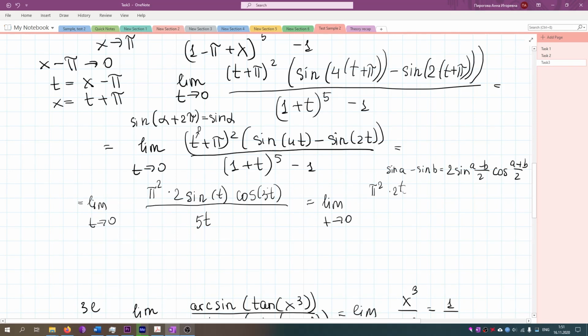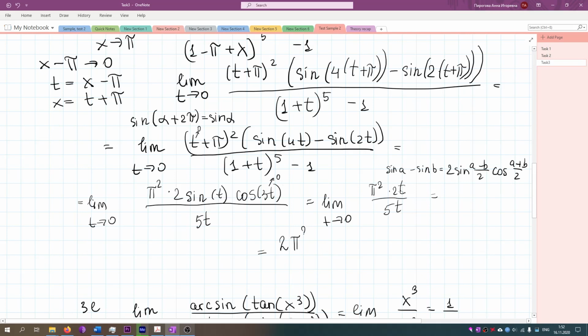And if t is close to 0, then the argument of cosine is close to 0, and the cosine is close to 1. And 5t in the bottom. So the final answer is 2 y squared divided by 5.